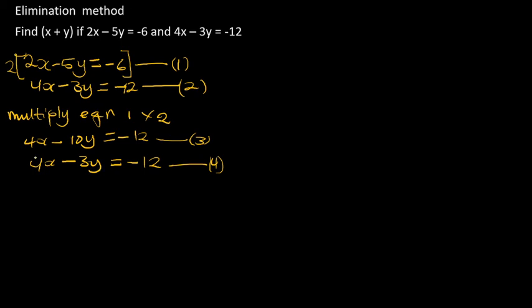So 4x minus 4x is going to give us 0, and then negative 10y minus 3y is going to give us negative 7y, and then we have minus 12 minus minus 12.